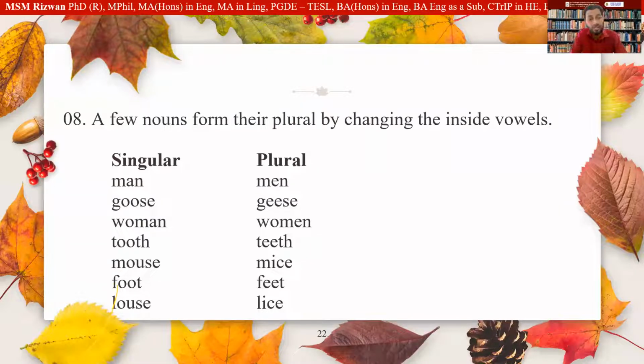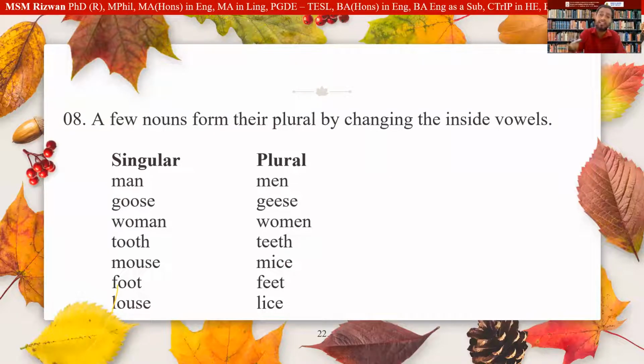Look at the word man, M-A-N. The vowel sound is A. The plural of man is men, M-E-N. The inside vowel A of the singular changes into E and makes the singular into plural.